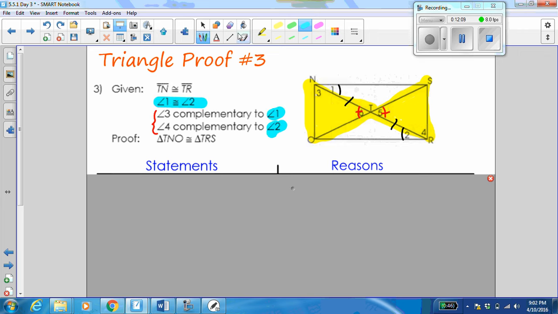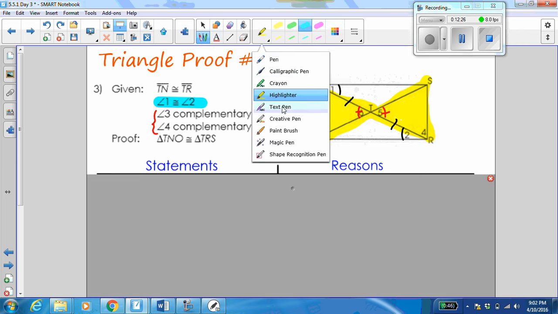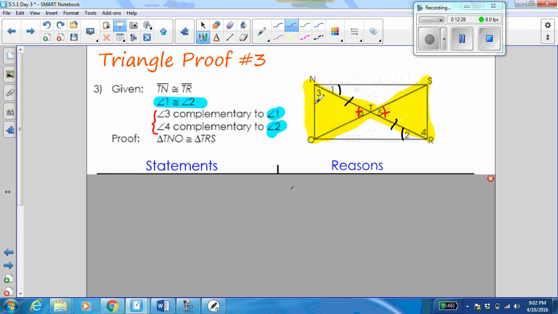Well, on Thursday we learned, or Wednesday, depending on which day you were here, that angles that are complementary to congruent angles, angle 1, angle 2, have to be congruent themselves. So I'm also going to be able to say that angle 3 is congruent to angle 4 based on that theorem. And now if we look in our triangles, that looks like an angle side angle. So now let's get that all down.